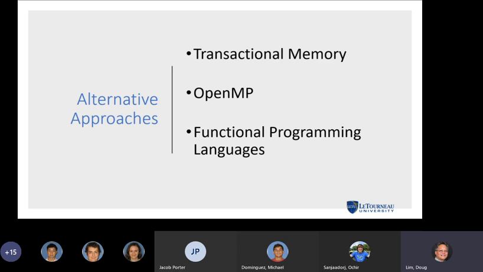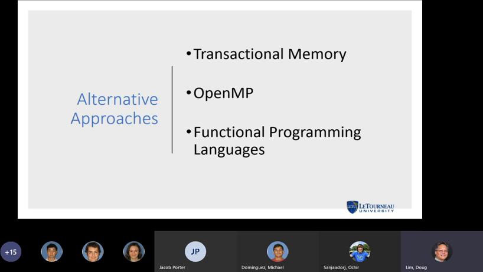Another approach is OpenMP, which is multi-threaded processing. This is heavily used by the supercomputer community, but other people are starting to use it as a way to avoid having to control the synchronization explicitly. These approaches are less explicit, although there are directives in OpenMP that tell you which sections of code are critical sections and which are not.